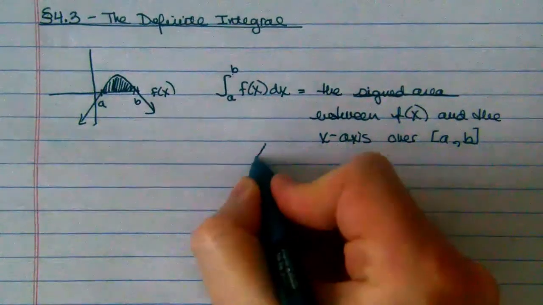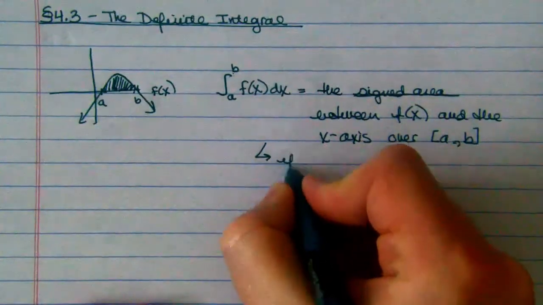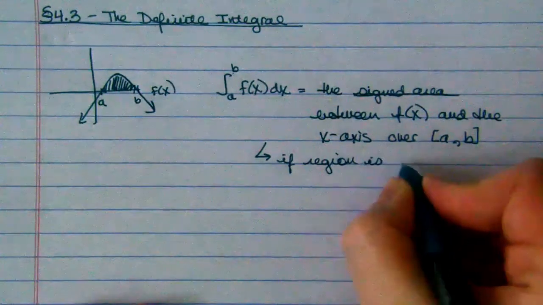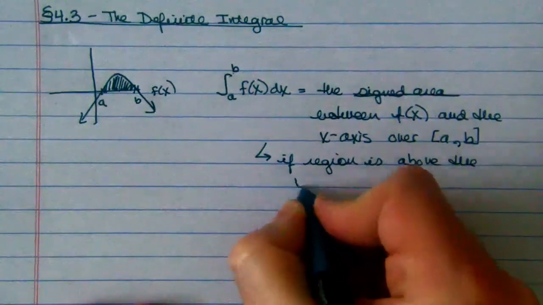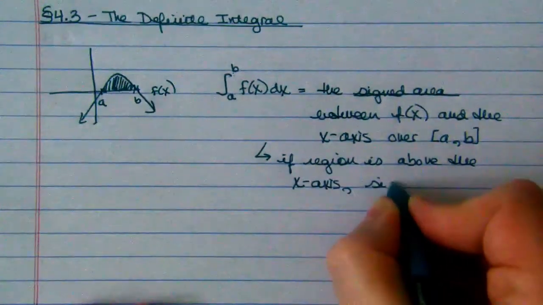Now, what I mean by signed area. If our region's above the x-axis, the signed area will be positive. If the region is above the x-axis, the signed area is positive.